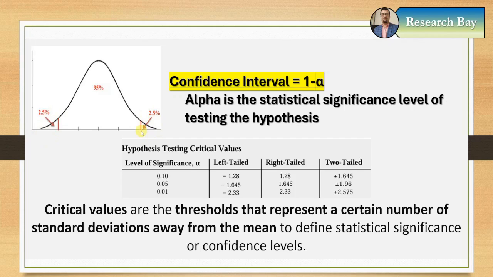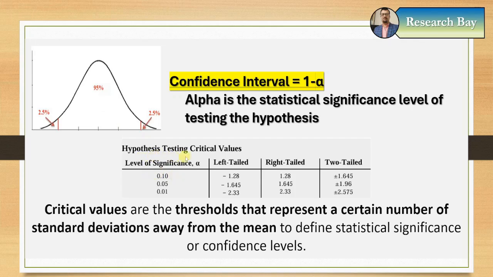So I mean to say, if we are doing a hypothesis testing and our values lie within this curve, which is within 95%, then we say that we reject the null hypothesis and we go with the alternate hypothesis. So that means 95% of the times the results which we got will remain the same and they are inferred on the population.